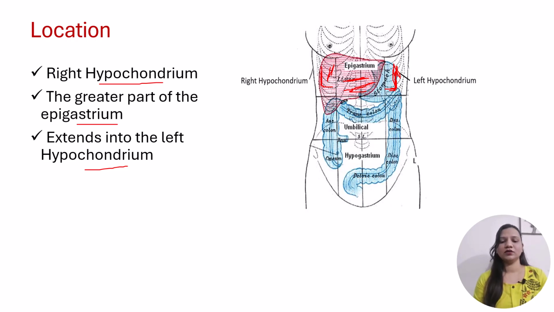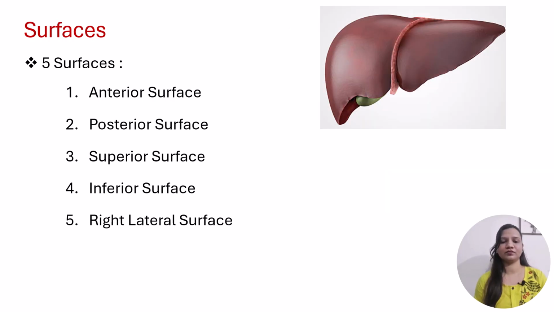Okay, moving on. Now we'll see the surfaces of the liver. In all there are 5 surfaces. The anterior surface is this surface which you are appreciating here in this picture. Then there is the posterior surface, the surface present behind the anterior surface.